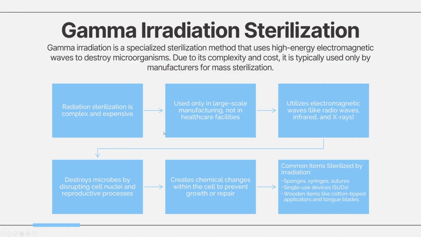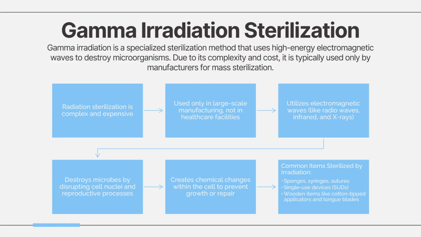And now moving on to gamma irradiation sterilization. This is a high-tech industrial sterilization method used more commonly in manufacturing. It employs gamma rays, high energy electromagnetic waves from sources like cobalt-60.